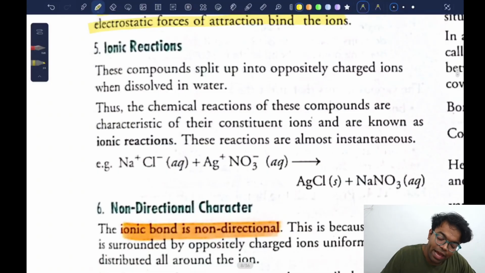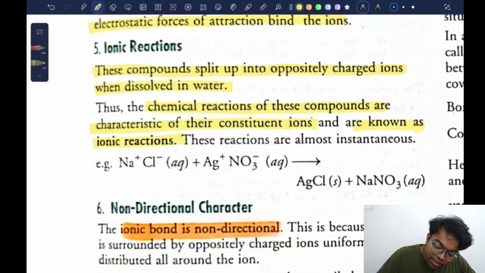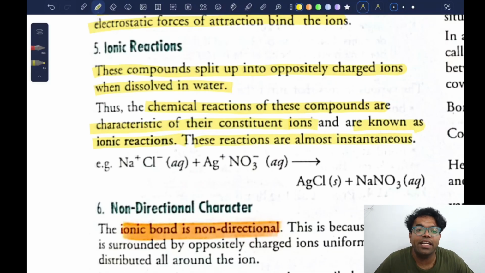Now, ionic reactions. The compounds split into oppositely charged ions when dissolved in water. Thus, the chemical reaction of these compounds are characteristics of their constituent ions and are known as ionic reactions. These reactions are almost instantaneous. See, when a reaction takes place, the rate of the reaction pretty much depends on how well the ions are held together.